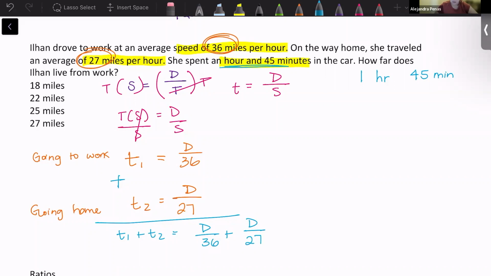In this case, we cannot turn it into the smallest unit, because speed is already in miles per hour. If I change this to minutes, I'm going to mess up the speed. So I have to change this to hours. 1 hour and 45 minutes: 45 minutes is 3/4 of an hour, so 45 would be 0.75. So this is going to be a total of 1.75 hours is equal to D over 36 plus D over 27.